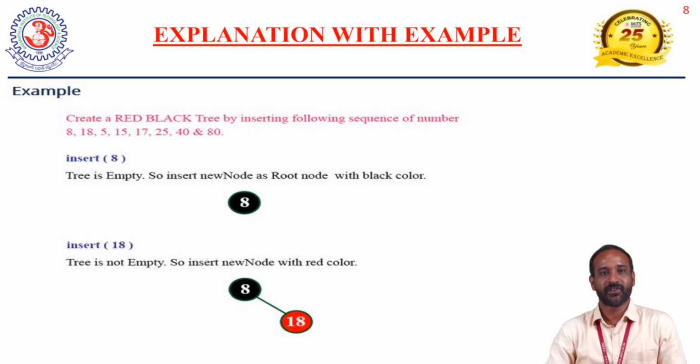Coming to the next element, 18. The tree is not empty because it consists of one element, 8. So we can insert the new element with red color. But before that, we should compare with the root element, whether the new element is less than or greater than the root, because we are following the BST property. 18 is greater than 8, so we place 18 on the right side of 8 with red color.